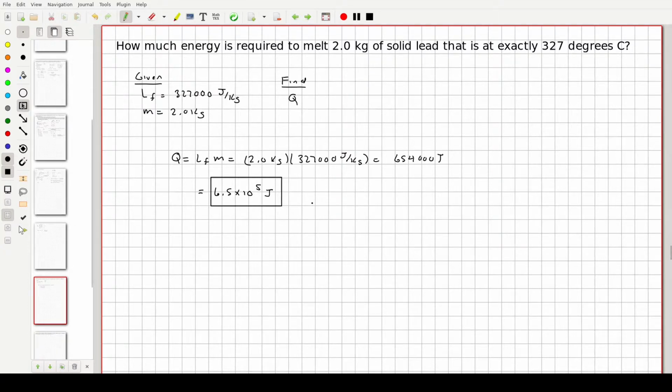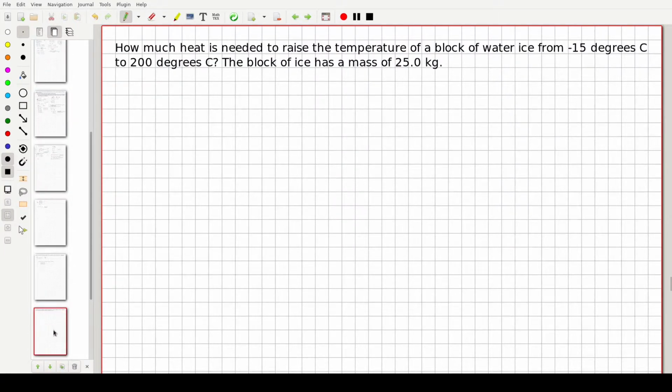Okay? Now let's work another example. This one is water. The reason why I want to work this is because it covers all the phase transitions that water experiences with the exception of sublimation. So, at minus 15 degrees Celsius, water is a solid. At 0 degrees Celsius, it is a combination of solid and liquid.